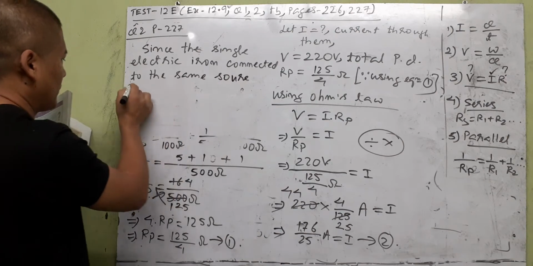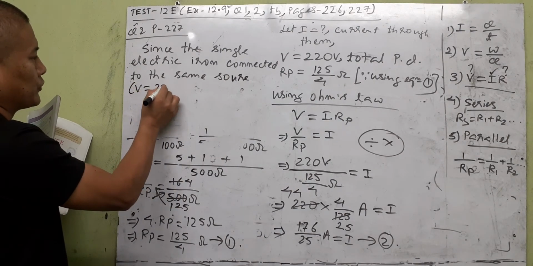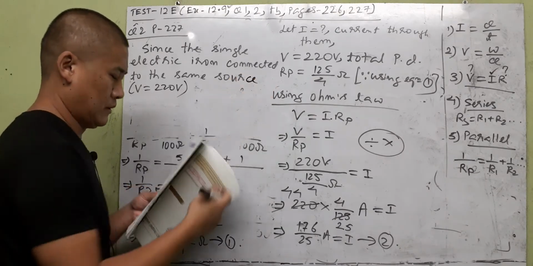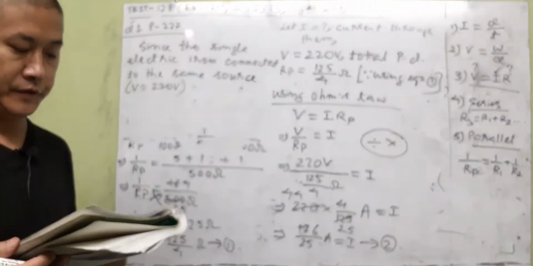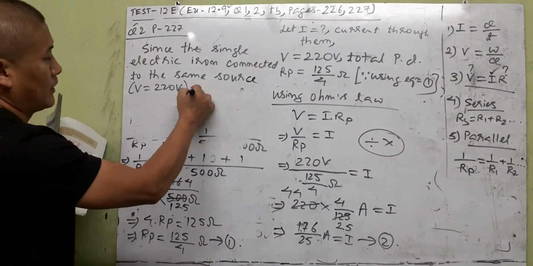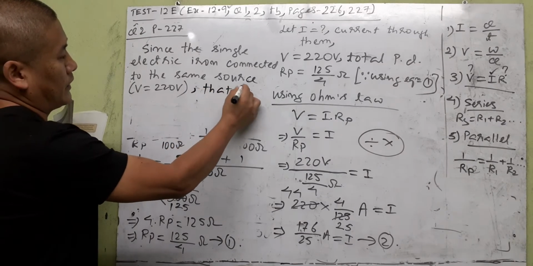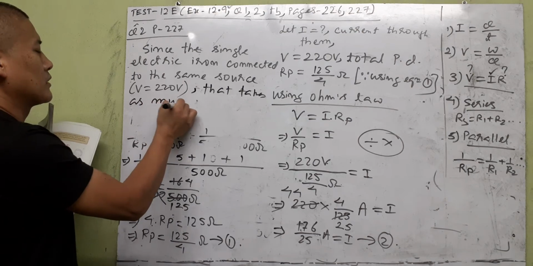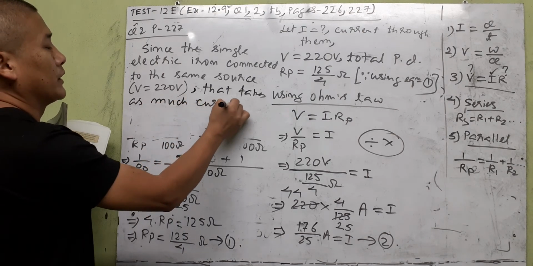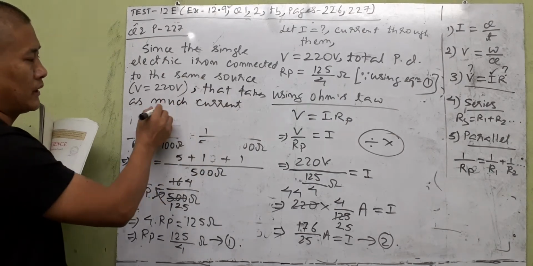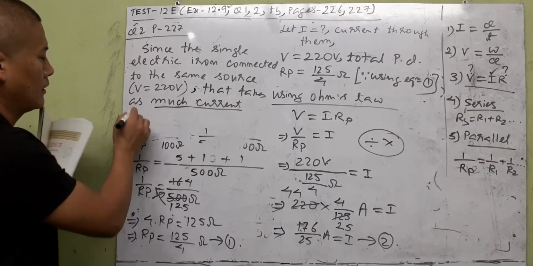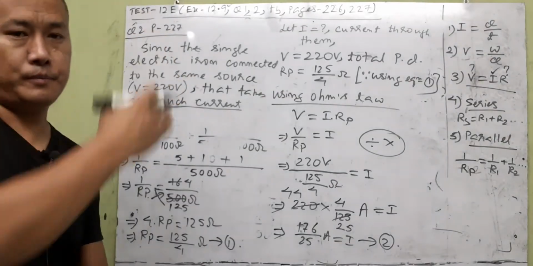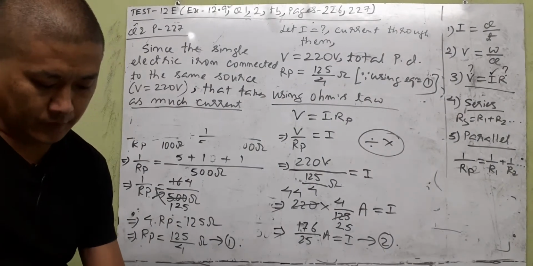So V equal to 220 volts, same source. Look at the key phrase: that takes as much current as the three together. As much current means the same current. This single one is taking the same amount of current as those three put together. That is the clue.